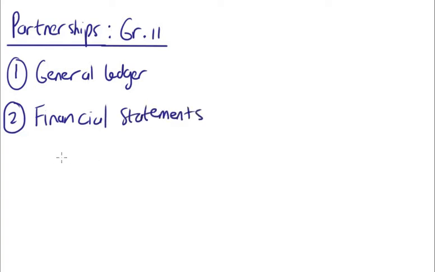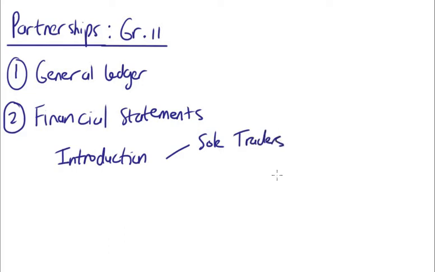Just as an introduction, up till now what you've been doing is sole traders. With sole traders, the characteristics are that it's normally one person and it's not a legal entity. What do we mean by not a legal entity?